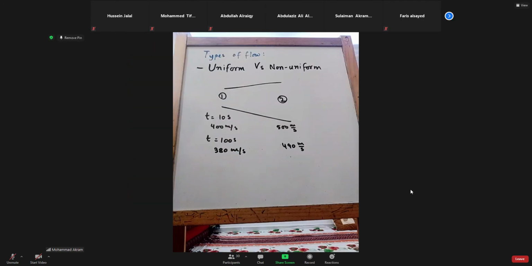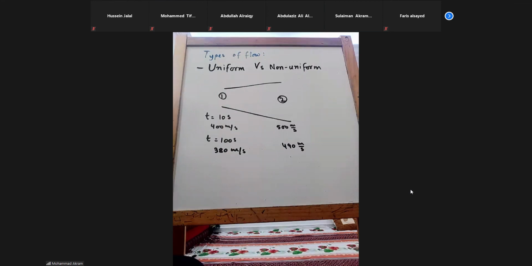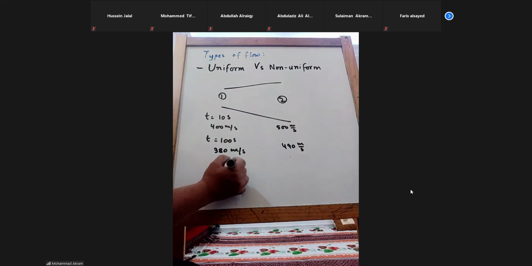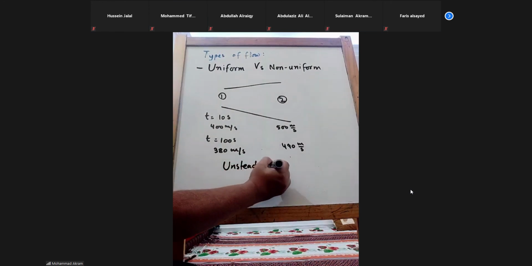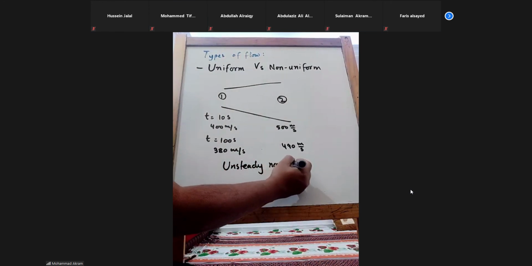Unsteady. Is it uniform? Non-uniform. Okay. So what is this case? This is unsteady non-uniform flow. Am I right? Yes. This is unsteady non-uniform.